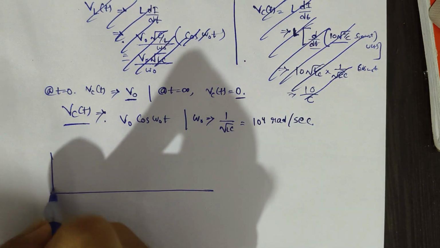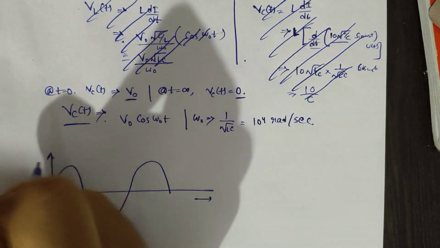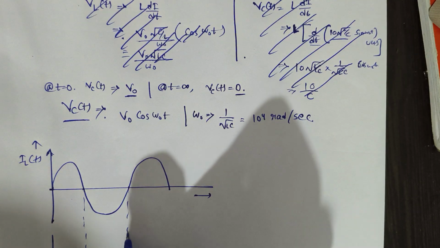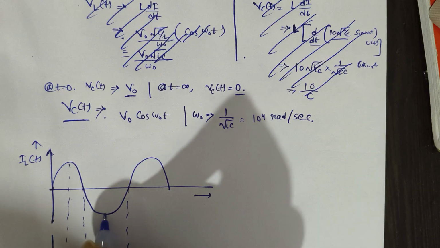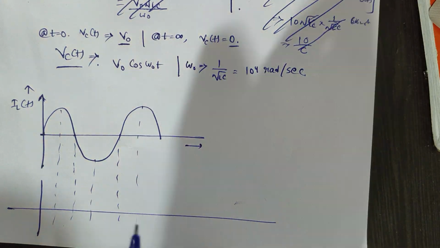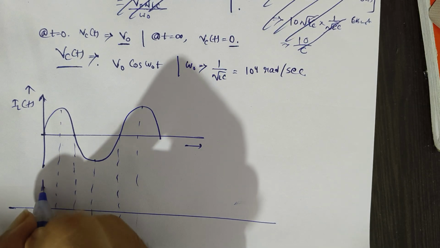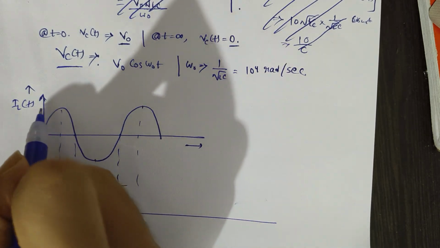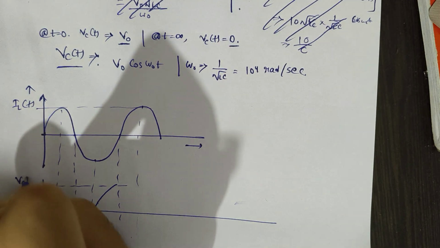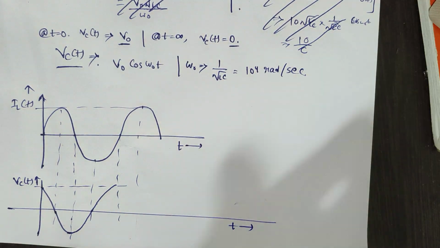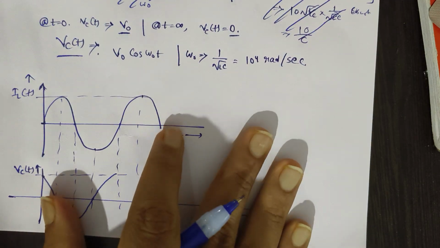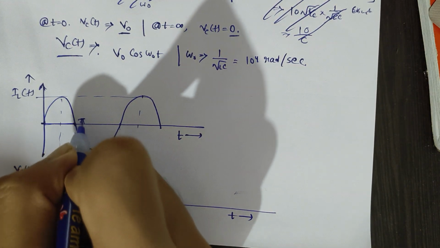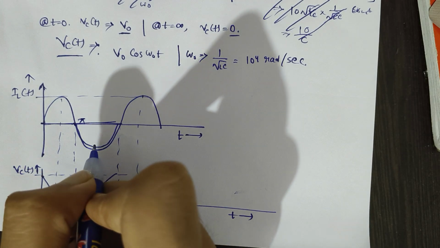So now if we draw IL(t) and VC(t), if I draw this, then we can find out that after a certain amount of time, pi time, the I is going negative.